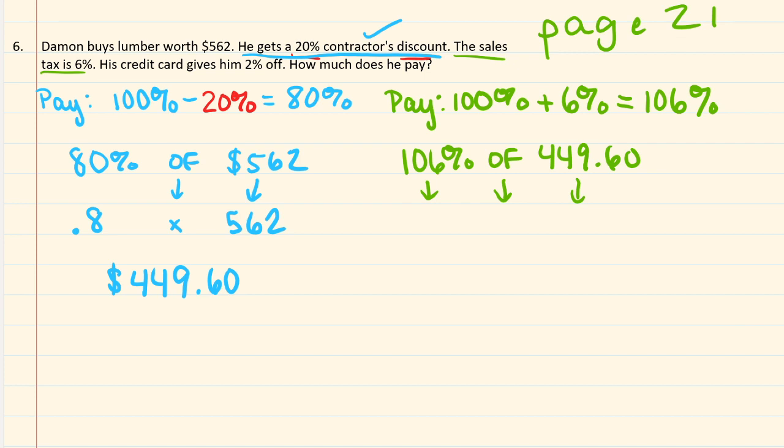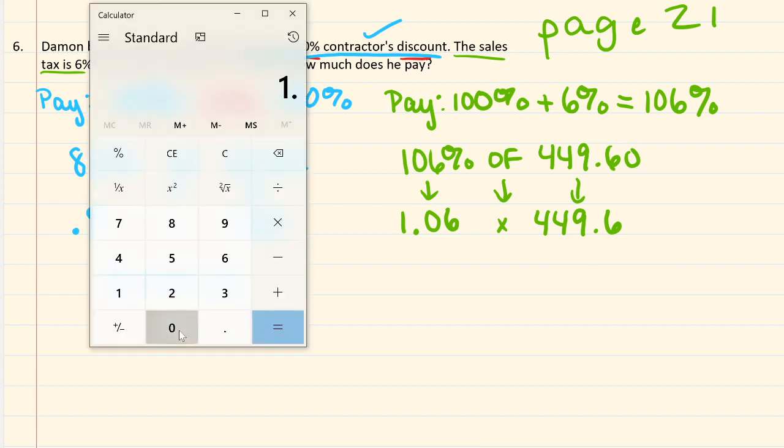So 106%, percent means divide by 100, so it's not 106, it's actually 1.06. Of means times, and just bring this number down. Now we'll type it in. 1.06 times 449.6.